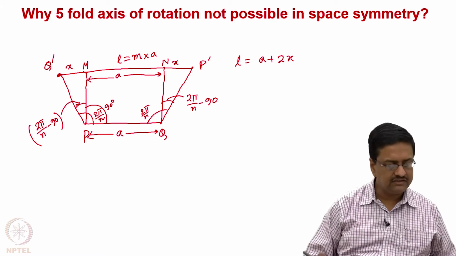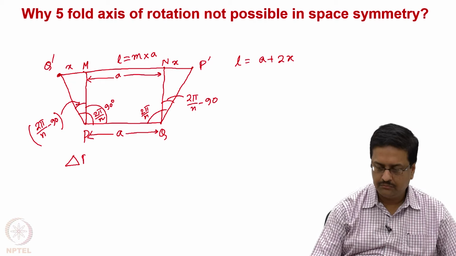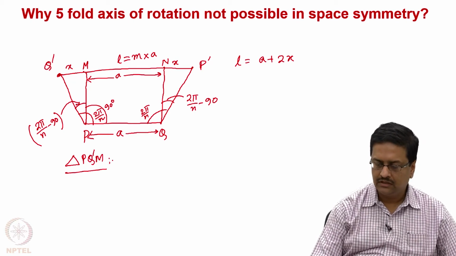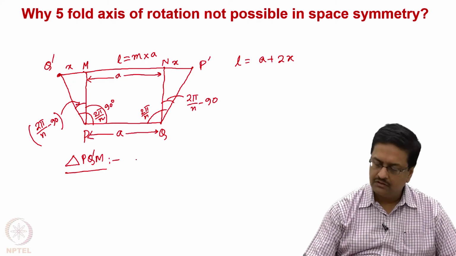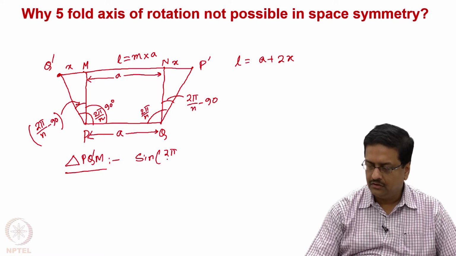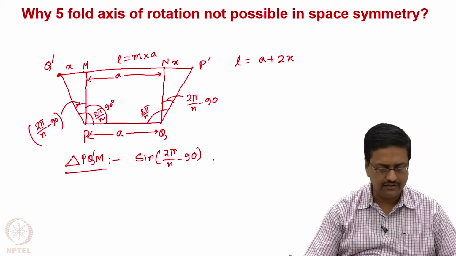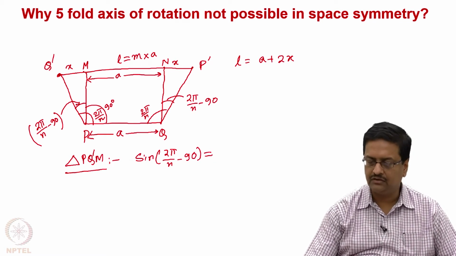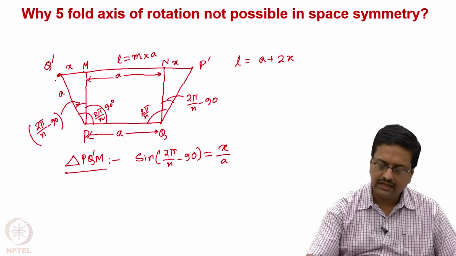So now if we consider a particular triangle P Q prime M, in that particular triangle P Q prime N M, we can write sine of (2 pi by n minus 90) equal to x by a, because PQ prime is also a.